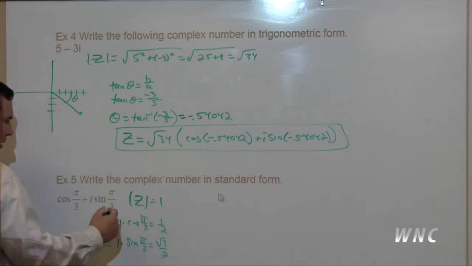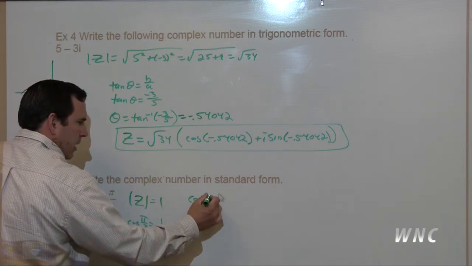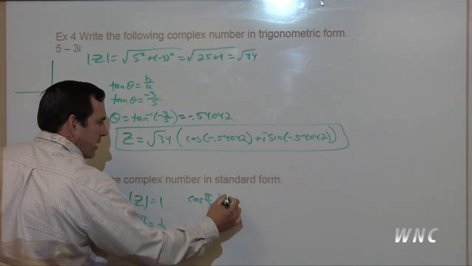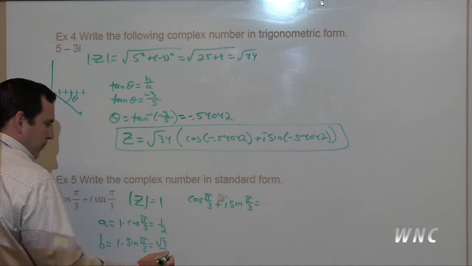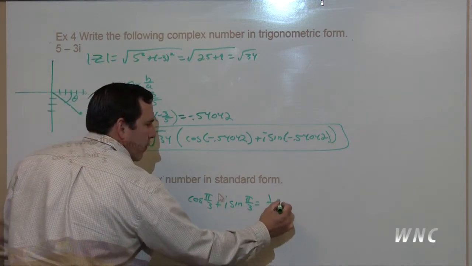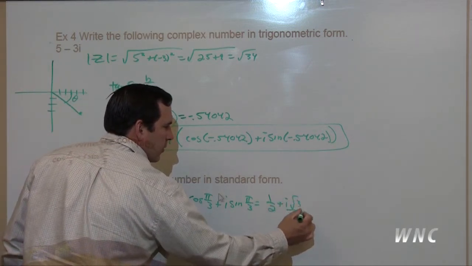So this cosine pi over 3 plus i sine pi over 3 is going to be 1/2 plus i times the square root of 3 over 2.